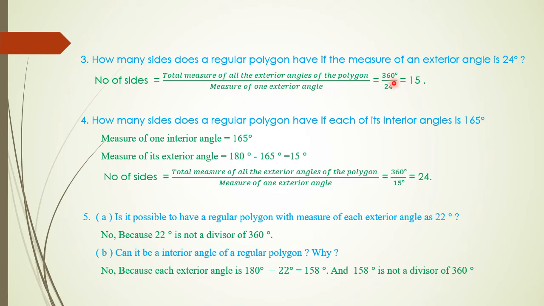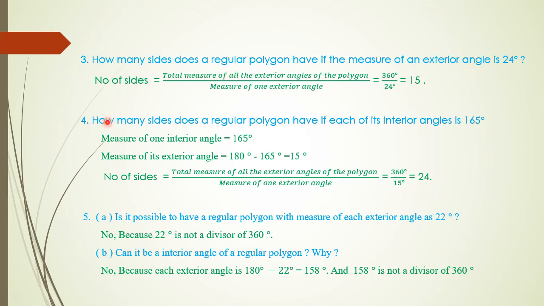And you know, total measure of all exterior angles of a polygon is 360 degree, divided by, in the question, given measure of each angle is 24 degree. So we have to divide 360 degree by 24 degree. So we get 15 as the answer.